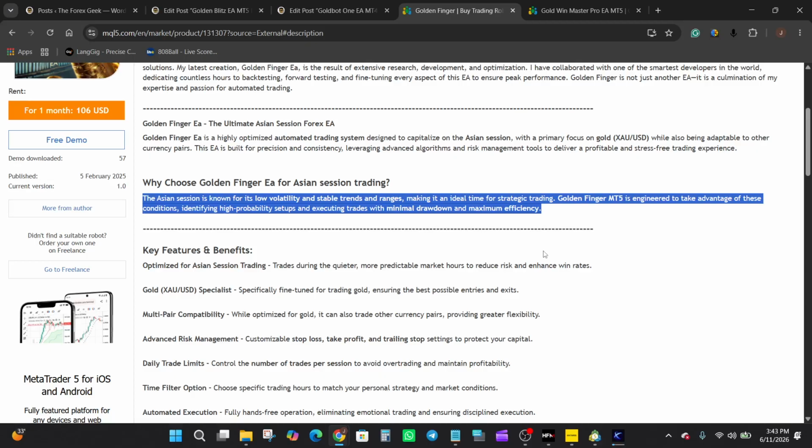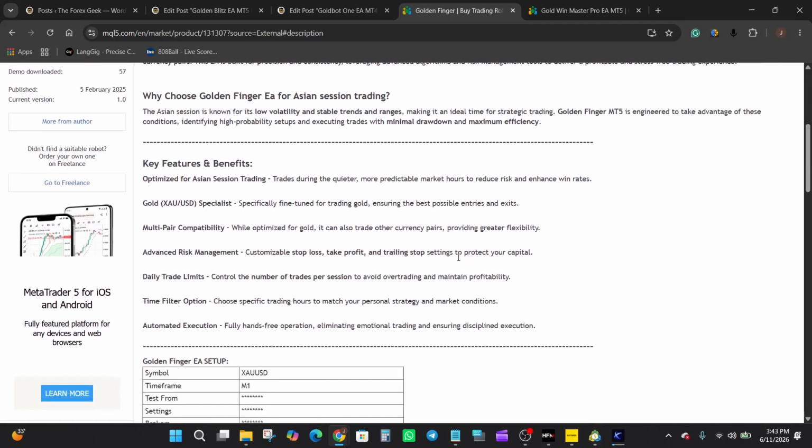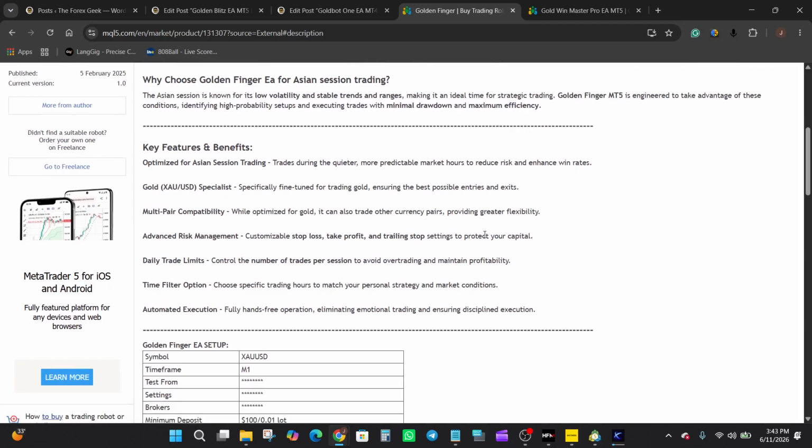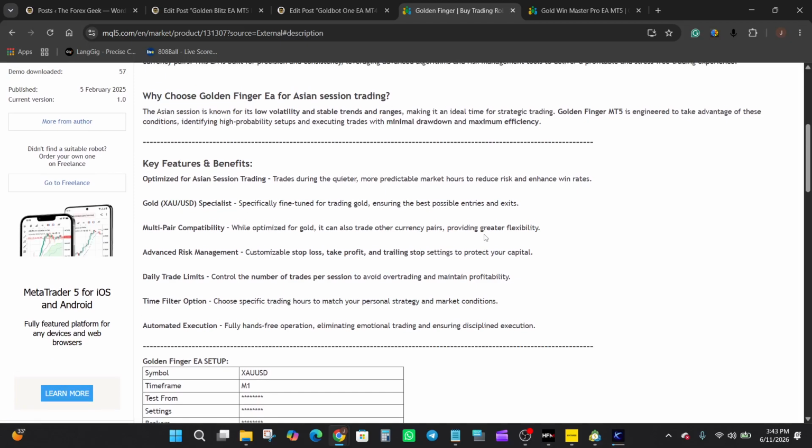Now, one of the key points mentioned is that it uses a time filter, so trading is restricted to specific hours. That is important because it means the EA is not constantly active, but instead focuses on selected market conditions. I also notice it includes built-in risk management tools like stop loss, take profit, and trailing stop functionality.